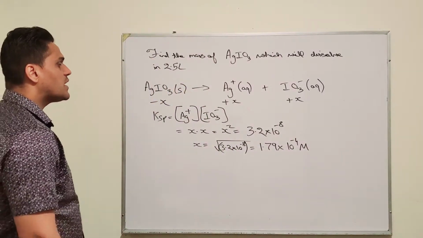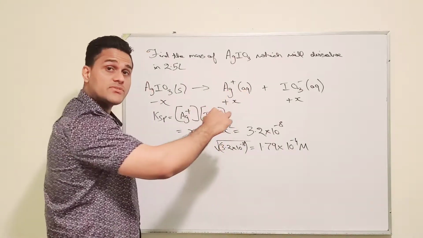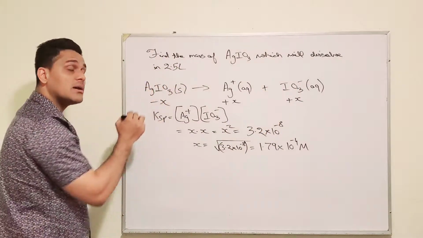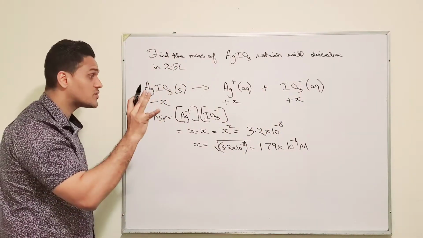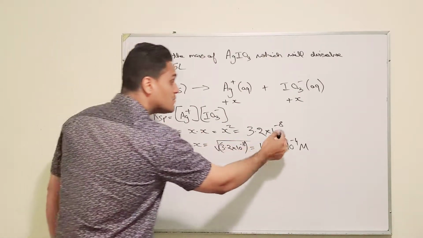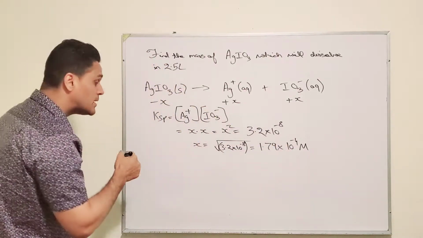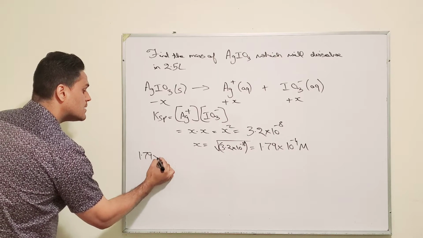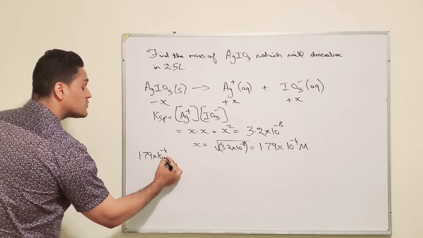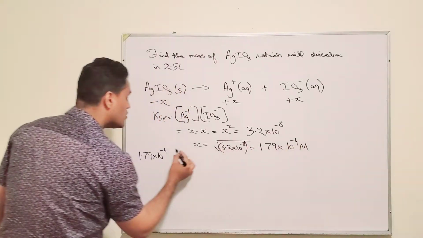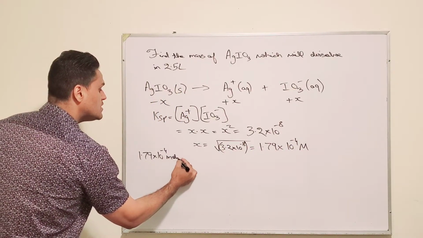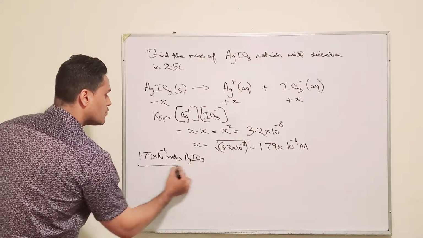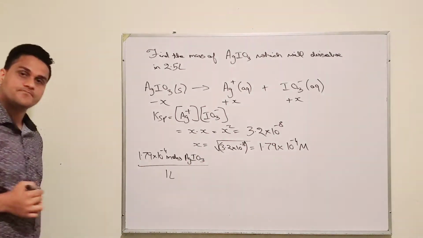So that's your X value, which is your concentration of Ag plus and your concentration of IO3 minus, and it tells you how much AgIO3 was dissolved. So in other words, we can say 1.79 times 10 to the power minus 4, and I'm just going to rewrite this as moles per liter. So this many moles of AgIO3 were dissolved in 1 liter.